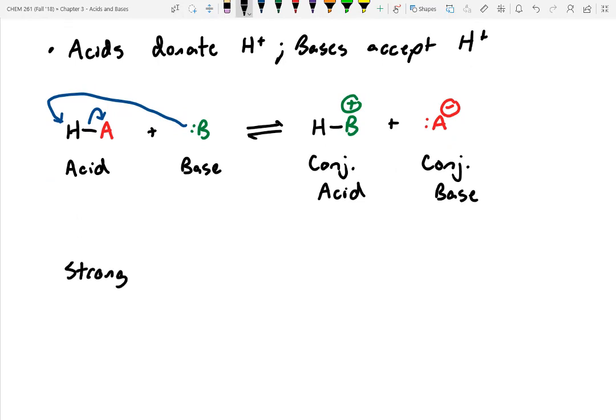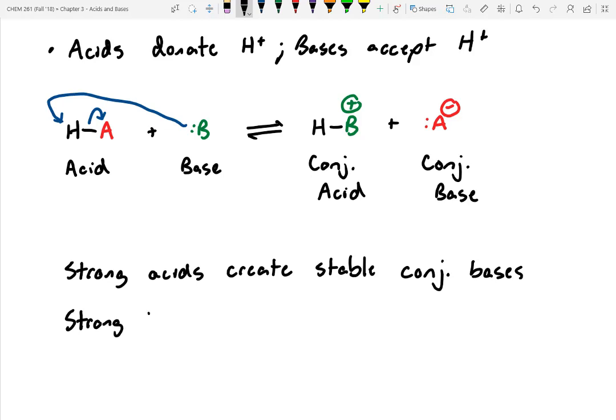The first one is that strong acids create stable conjugate bases, and strong bases create stable conjugate acids. It's a pretty simple trend. It's easy to overlook. It's easy to not really understand why, but we're going to spend a fair amount of time getting into that in the next section.